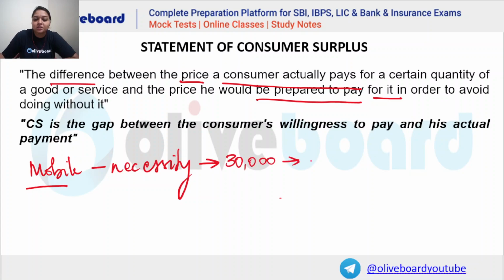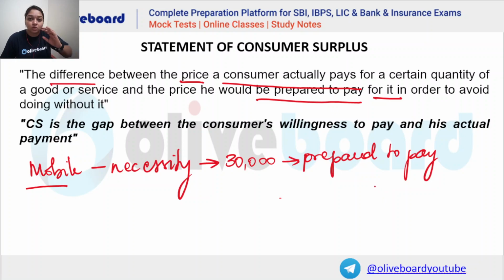This is what you are prepared to pay, because buying a phone gives you greater satisfaction than saving that 30,000 rupees as cash.